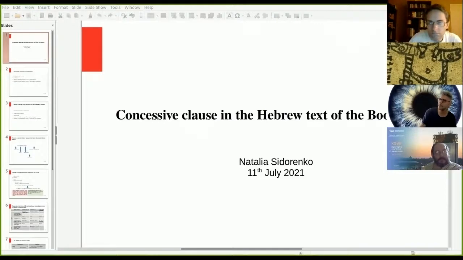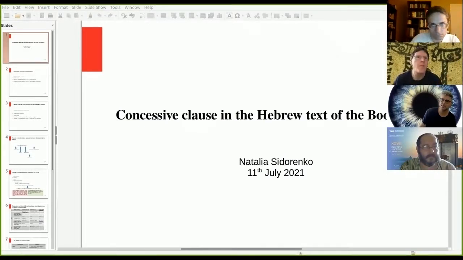Task number one was to find concessive constructions in the text of the book of Genesis. Languages such as Russian and English have specific markers of concessivity. In English, those are the conjunctions though and although.